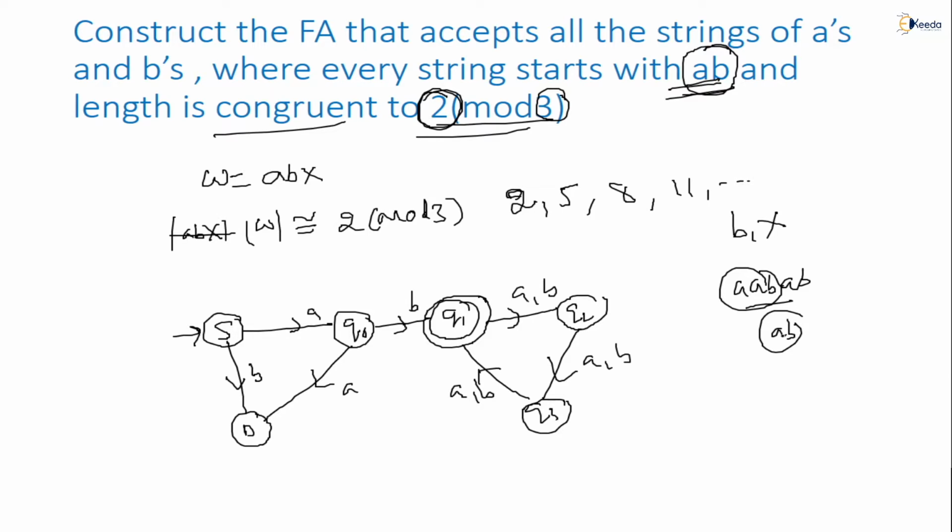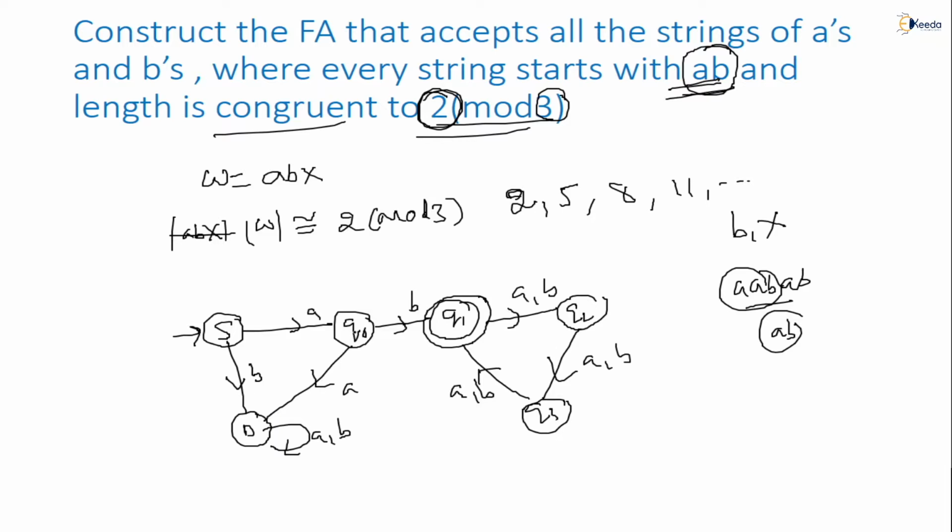So if a second A comes after the first A, that must be rejected, so I make a loop on this dead state. Now you can check: it is a complete system, and each state has exactly two transitions.